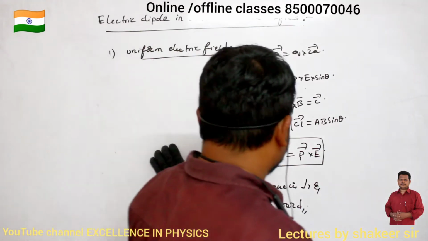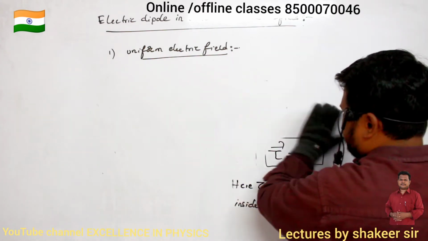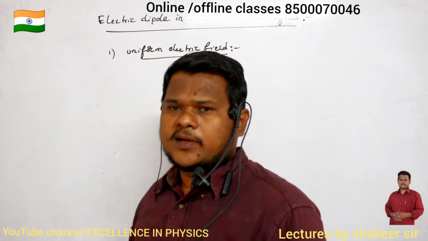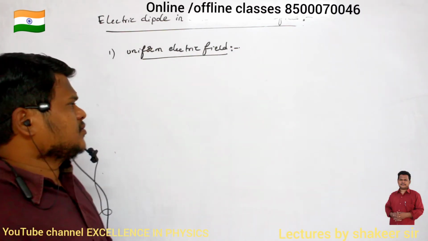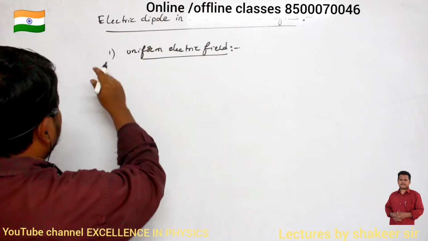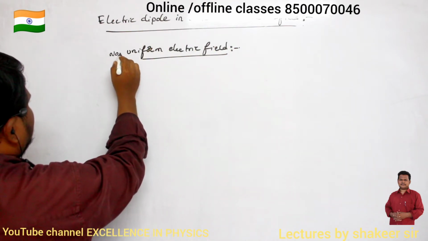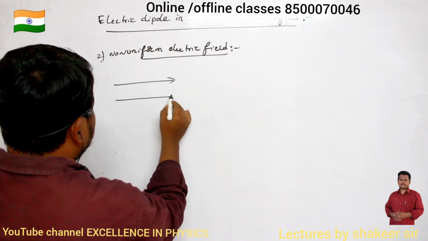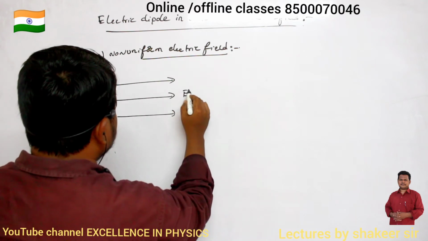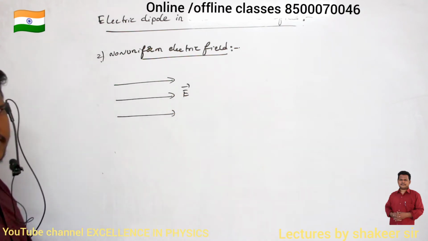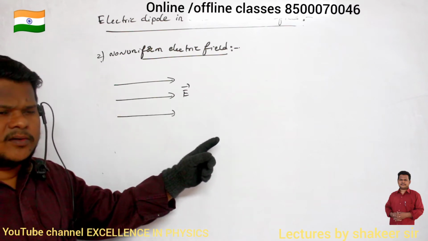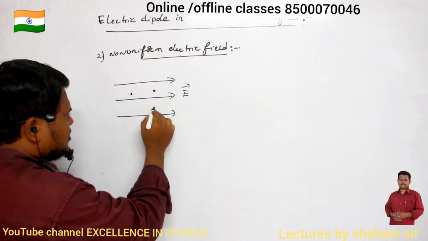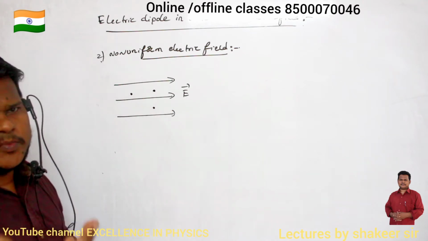Now what happens if this dipole is present in a non-uniform electric field? What is meant by a non-uniform electric field? If this is the electric field, and the electric lines of force are arranged like this, then this type of field is a uniform electric field, so wherever you place a test charge it experiences the same amount of force.